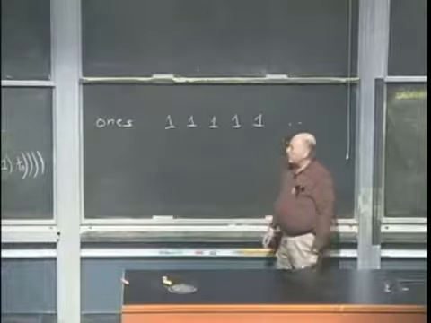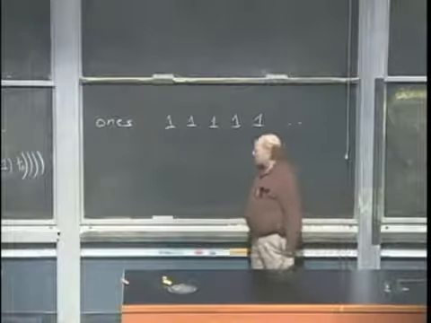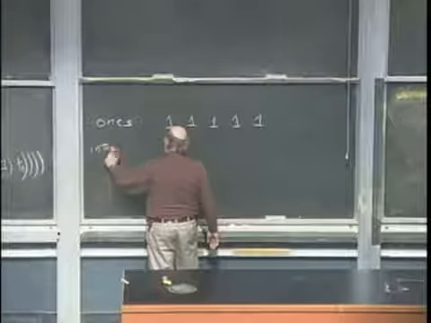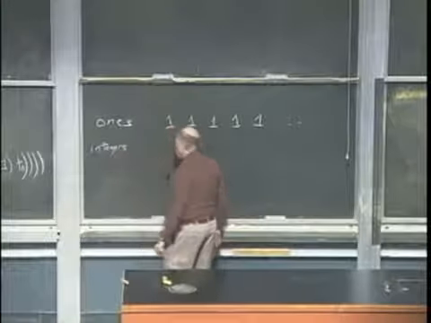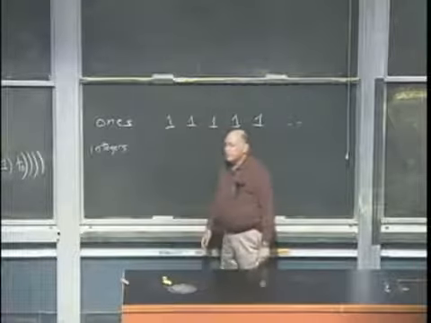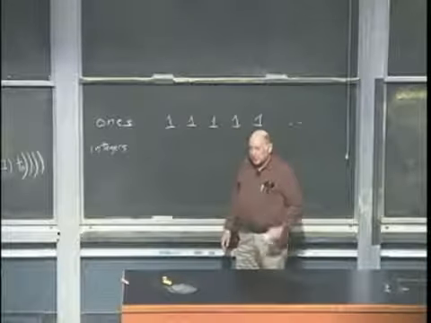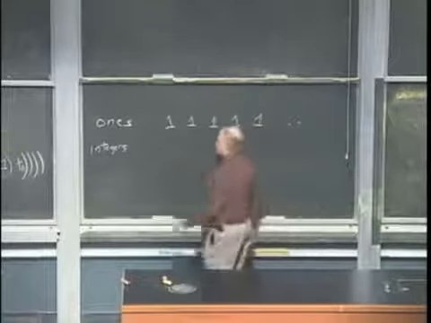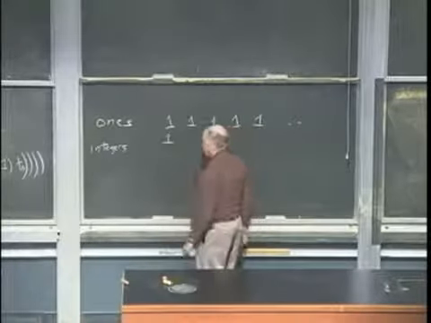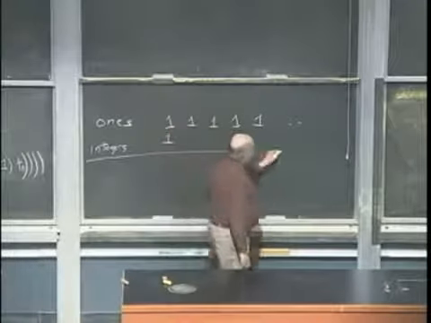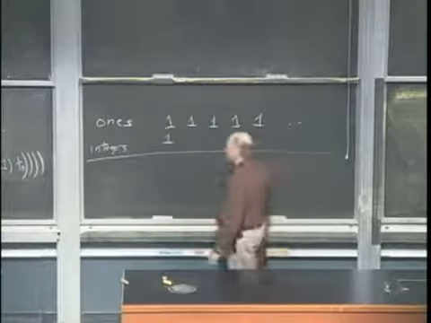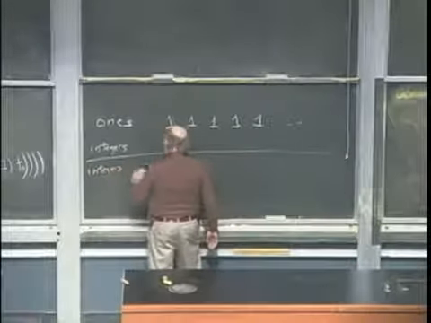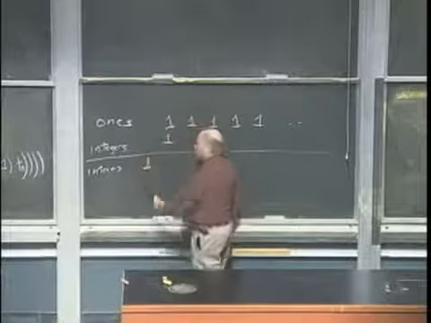Well, what about integers? Well, we know what the first number in integers is because the definition says constream 1 something or other. So here's a 1. And for reasons that will become apparent in a moment, I'm going to write down integers again, starting one space to the left.